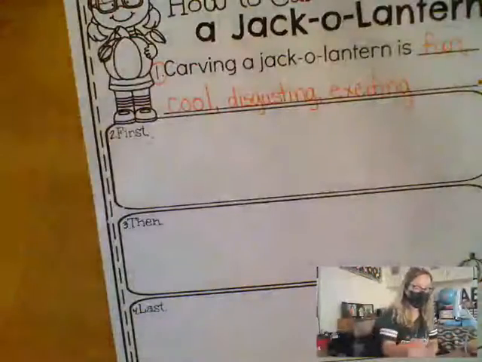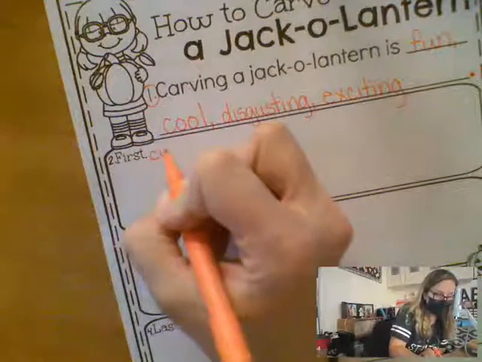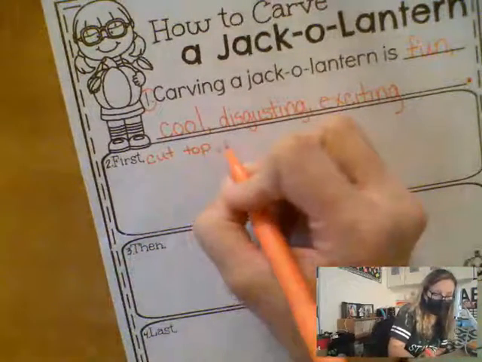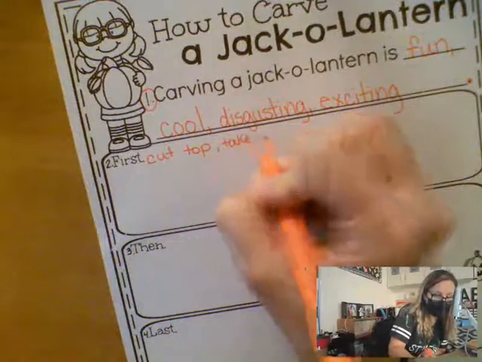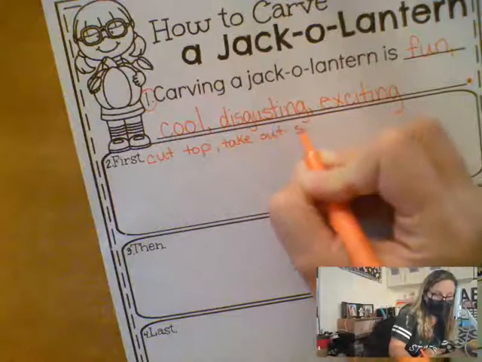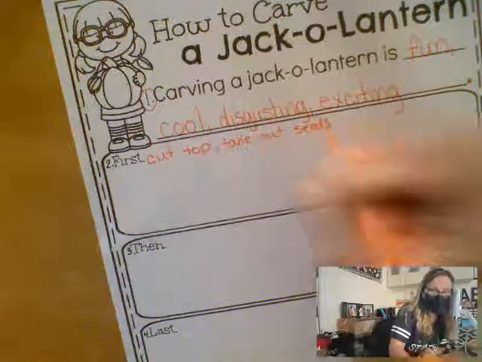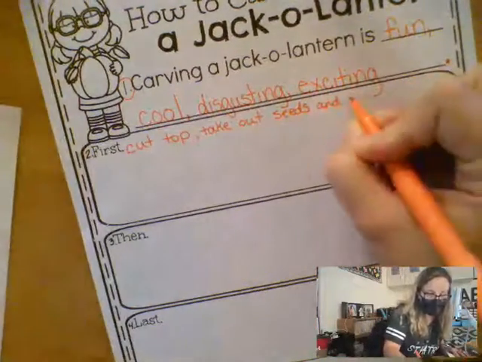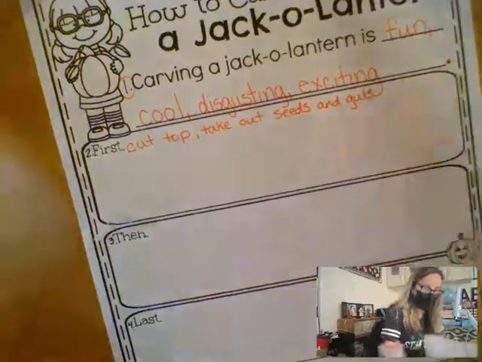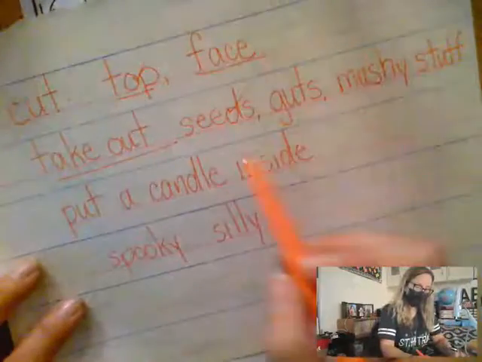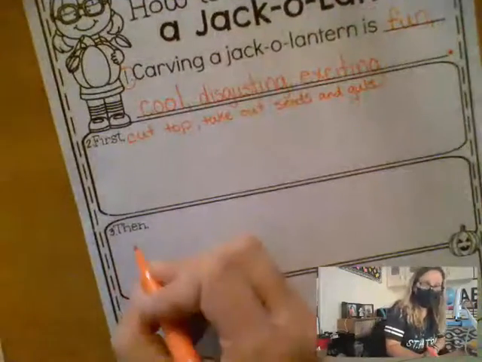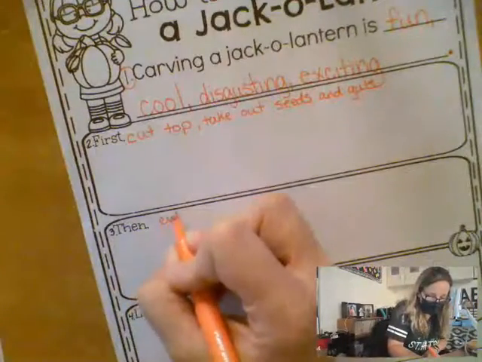So that's what I'm going to say. So first, cut top. And this doesn't even have to be a complete sentence. Take out seeds. That's the first thing I do. All right, got that. Top, take out the seeds. I could say seeds and guts, right? Okay, then what do I do now that I've cut the top and took out the seeds and guts? Now I have to carve my face. So then, cut out a face.